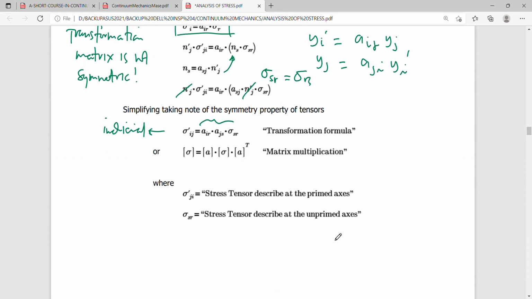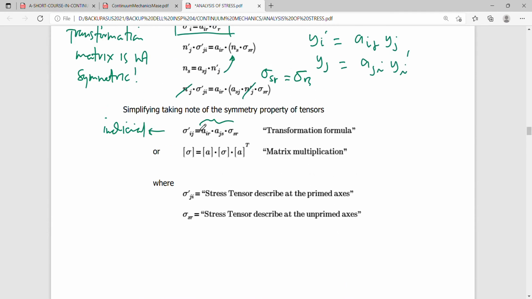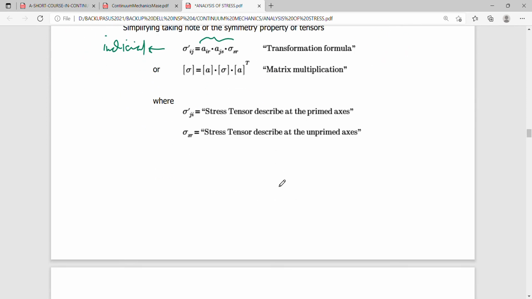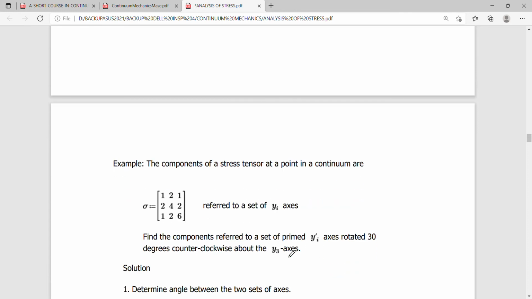We are now going to test the validity of such transformation equations by solving this problem, wherein the stress components of the tensor, or elements of the tensor, are given in terms of this matrix, referred to a set of y axes, and we are asked to find the components referred to a set of y prime axes rotated 30 degrees counterclockwise about the y3 axis.